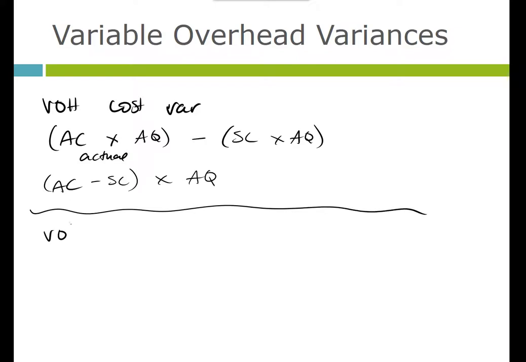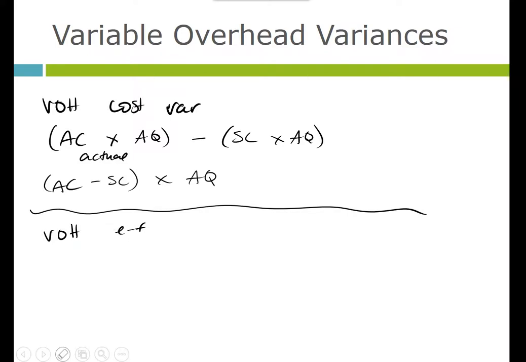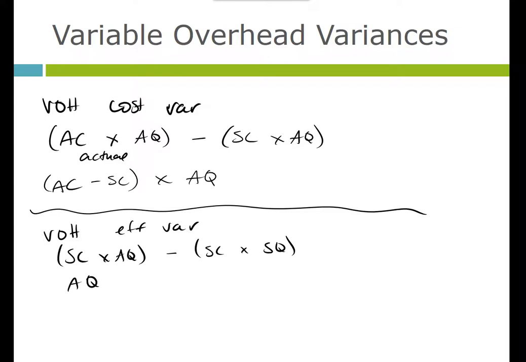And then you've got your variable overhead efficiency variance. Which again will look just like, so standard cost times actual quantity minus standard cost times standard quantity for this level of production, or the actual quantity minus the standard quantity times the standard cost, which is probably more what you'll see.